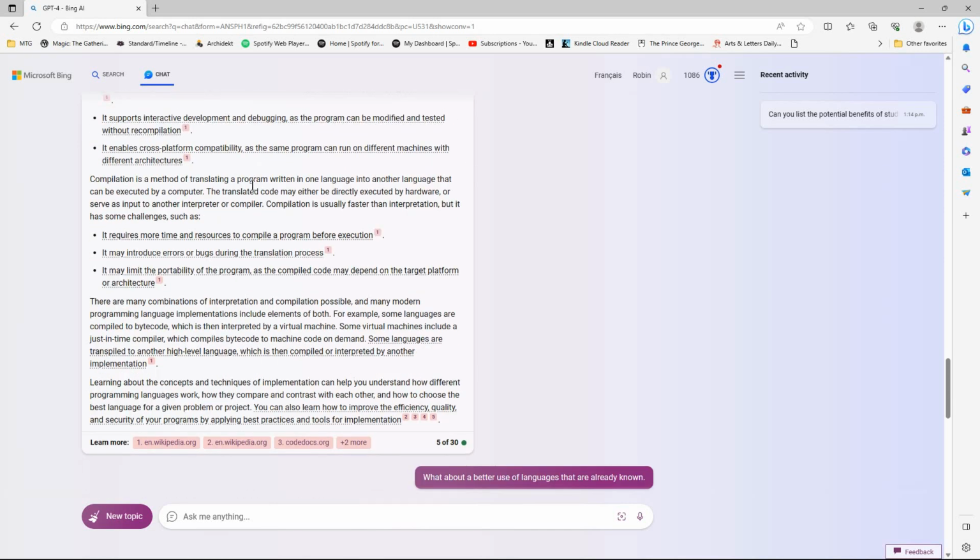And then, so it's almost gone through that process of locking into that. There are many combinations of blah, blah. Learning about the concepts and techniques of implementation can help you understand how different programming languages work, how they compare and contrast with each other, and how to choose the best language for a given problem or project.